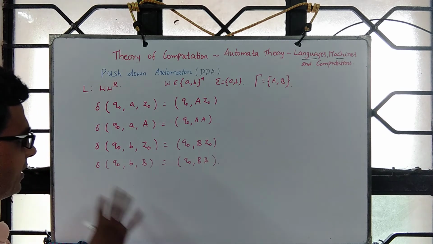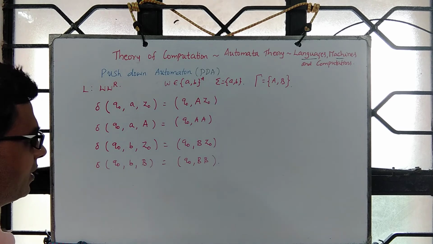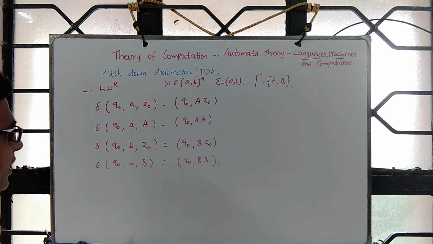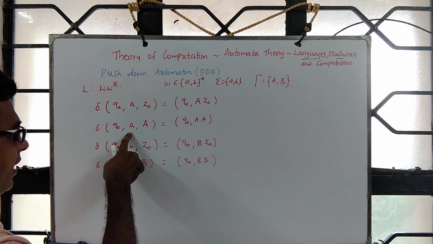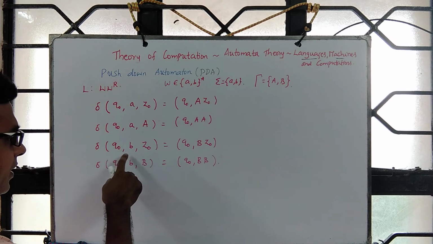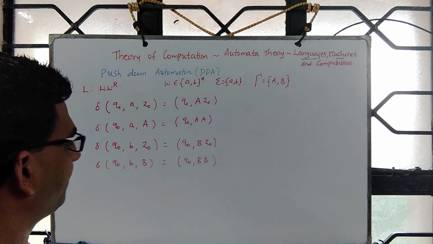Now let's assume with this we are done with the W part. Now the question is, what if we read A and the top symbol is B? What if we read B and the top symbol is A?